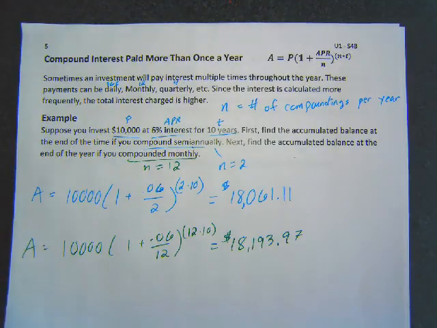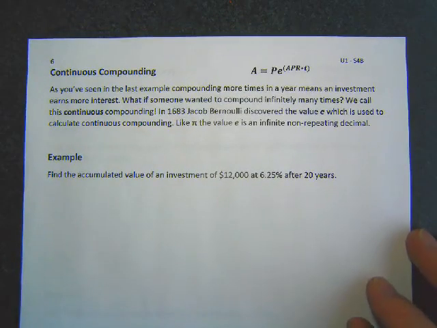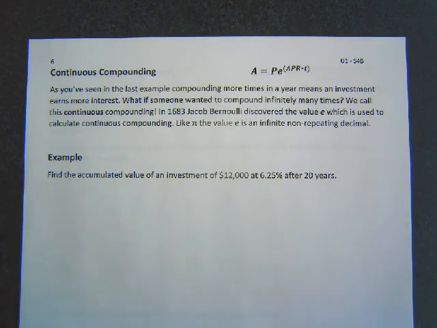Now, eventually, bankers said, well, I want to just make even more money, because compounding monthly is great, compounding daily was better, but I want to do better. And so they tried to figure out how can we compound even more and more frequently. What happens as n gets bigger and bigger and bigger? We'll start compounding like every hour or every minute or every second.